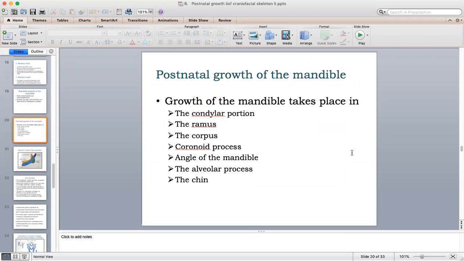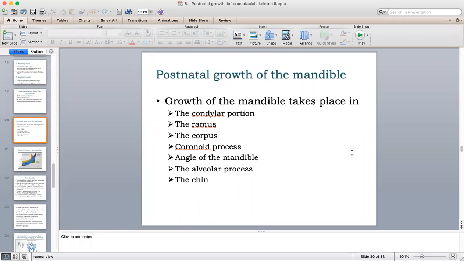Now, to understand the postnatal growth of the mandible properly, the mandible has been divided into several microskeletal units. Different parts of the mandible are studied separately, and each has a peculiar type and direction of growth.